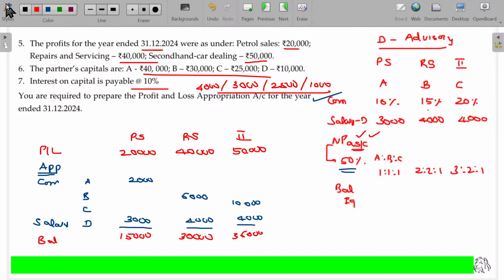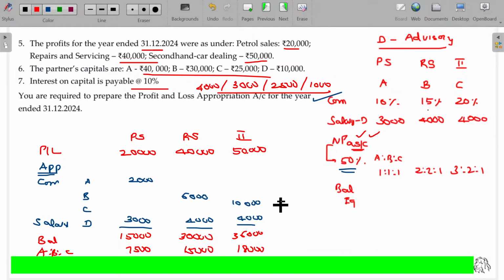You read the question, understand the question, and try to break down the answers. Balance being 15, 30 and 36. In this, 50% will be shared among the 3 partners A, B, C: 7,500, 15,000, 18,000.